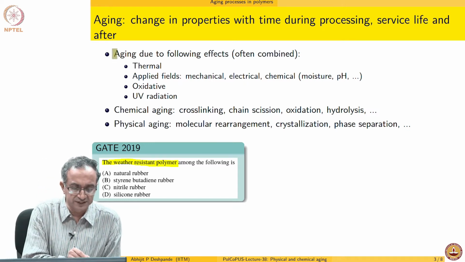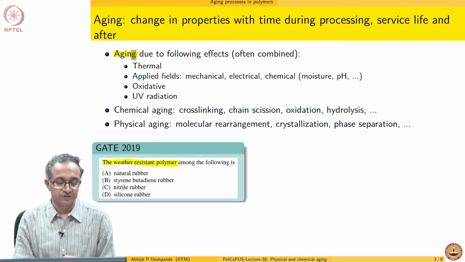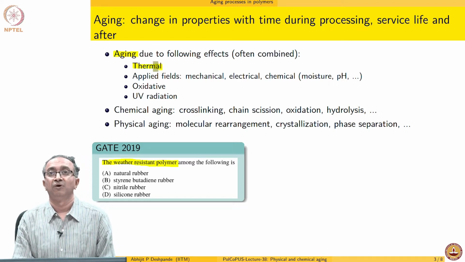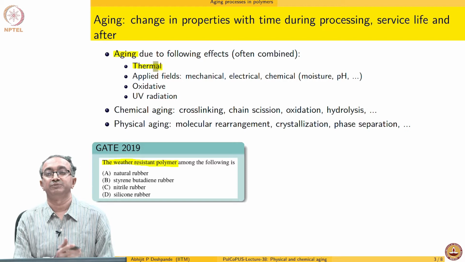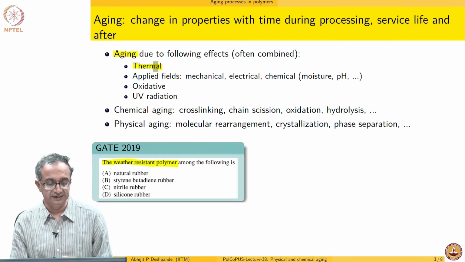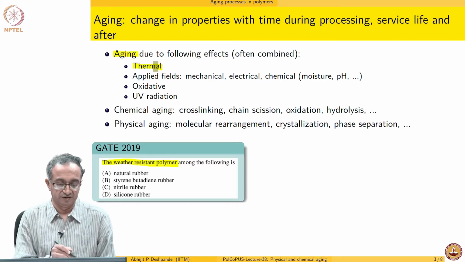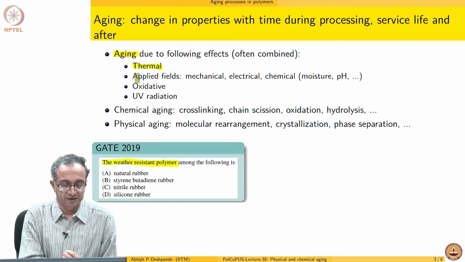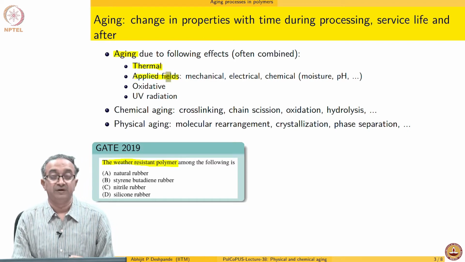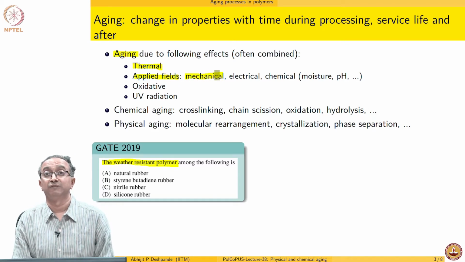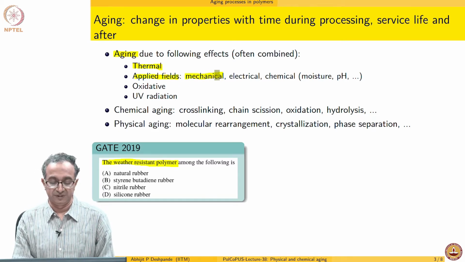And so, what does the aging imply? It could be basically in the presence of thermal energy breakup or reaction. So, it could be chain scission or chain cross linking due to thermal energy available. It could be also aging which is induced because of very high amount of load that is present in the material, mechanical.